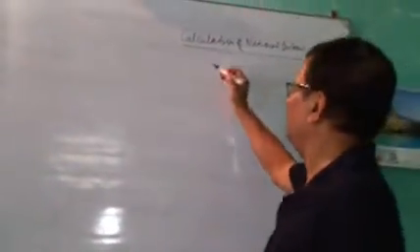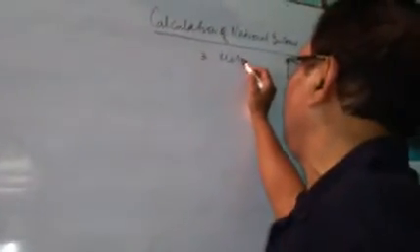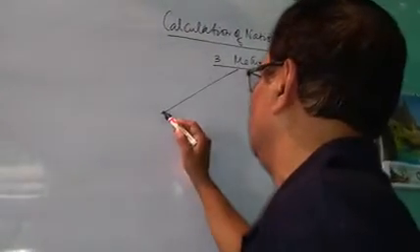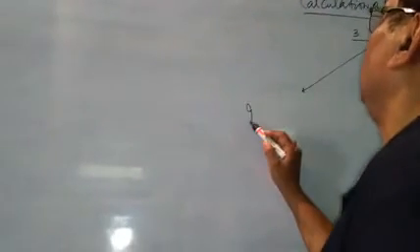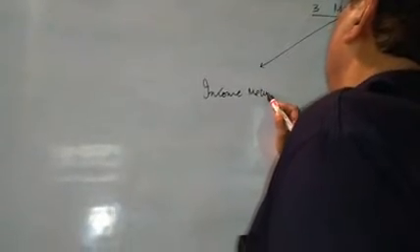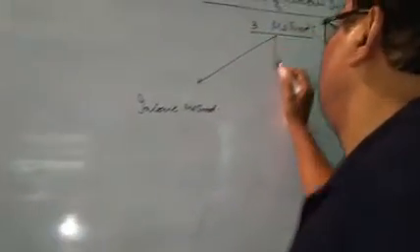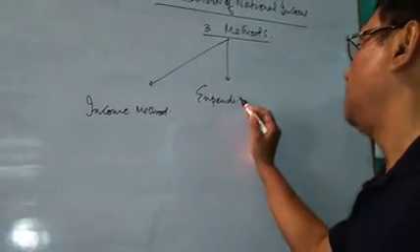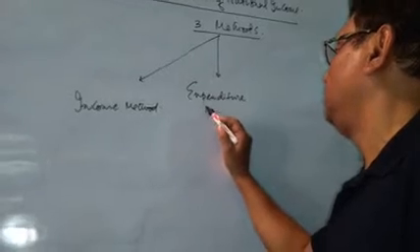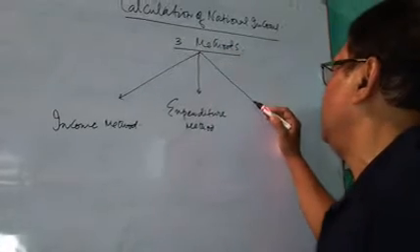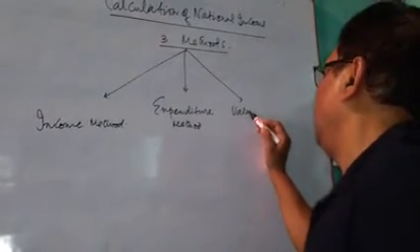Now, there are three methods of calculating national income. One by one, we will discuss all the three methods. The names of those three methods are income method, expenditure method, and the last one is value added method.